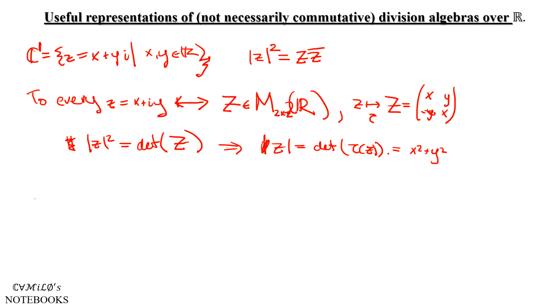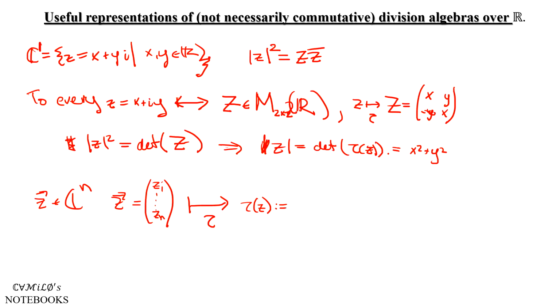Consider a vector z in C^n. So z is a complex vector, z1 to zn. I'm going to call the map tau as well, tau of z, defined to be this little tau of all the components, and there's shorthand for this.